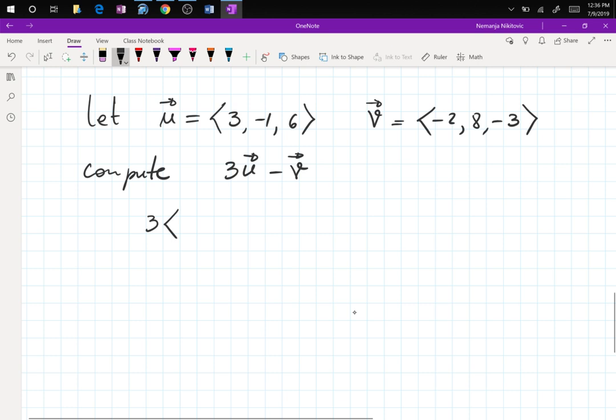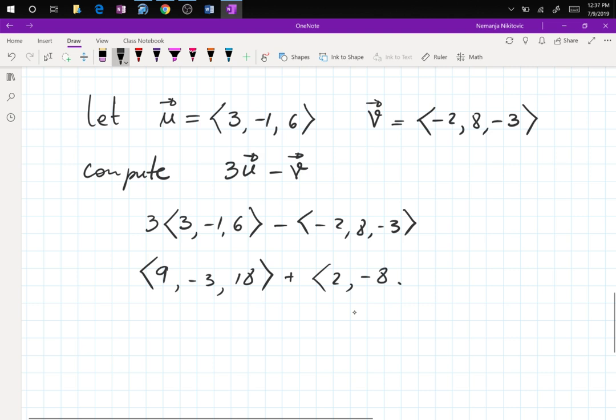It's 3 times 3, negative 1, 6 minus negative 2, 8, negative 3. So this is going to be 9, negative 3, 18. And now I'm going to distribute the minus. So plus 2, negative 8, 3. And now you're adding. So 11, negative 11, 21. Ta-da! That's it.